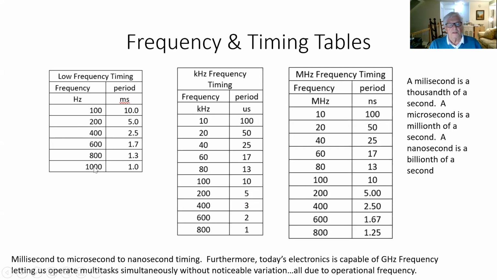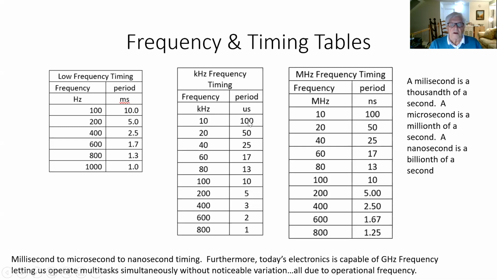Yes, we use a lot of things at 1 kilohertz, but usually it's much higher than that. So let's look at the kilohertz frequency range, where we go from 10 kilohertz up to 800 kilohertz, and now the period is measured in microseconds, or 10 to the minus 6 seconds, or 1 millionth of a second.